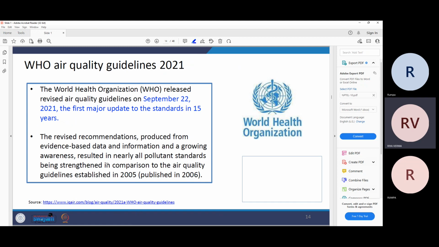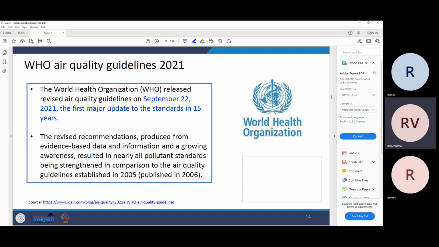So let's have a look at the WHO air quality guidelines that were published in 2021. WHO released the revised air quality guidelines on 22nd September 2021, and it was the first major update to the standards in 15 years.